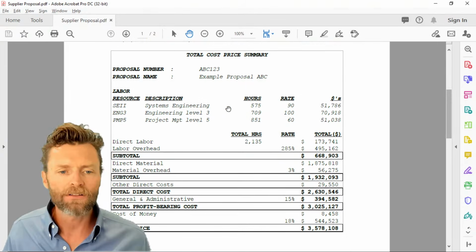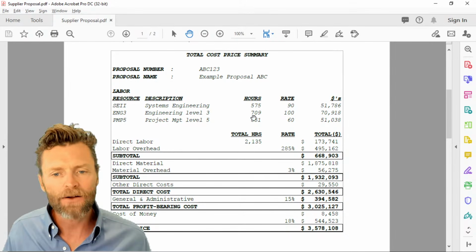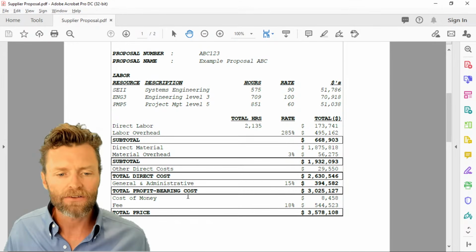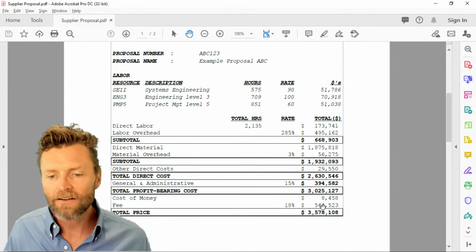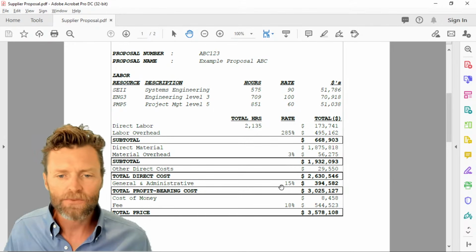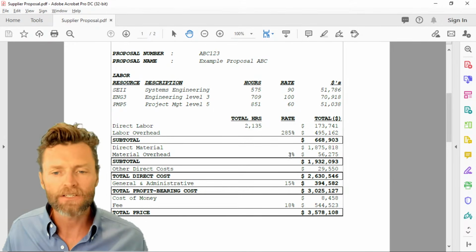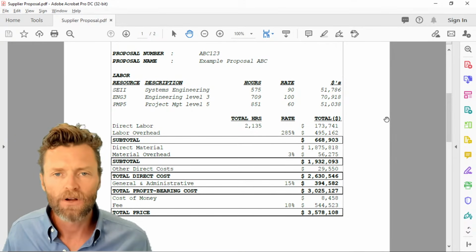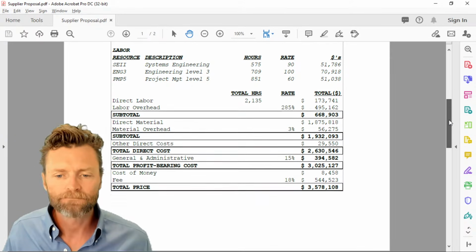It includes all of their hours, their rates, all the pricing. It looks like they've broken out fee or profit on a separate line. We've got overhead rates. We've got a lot of information. So this is really good. This is all something that we can use when we get into our fact find.